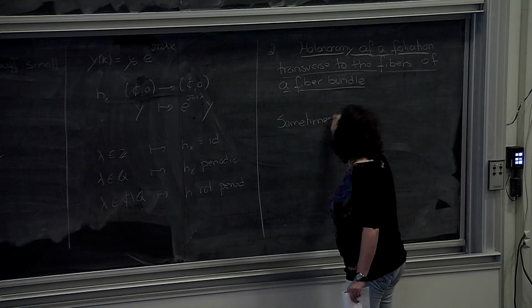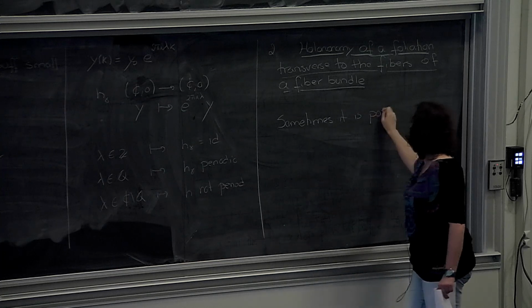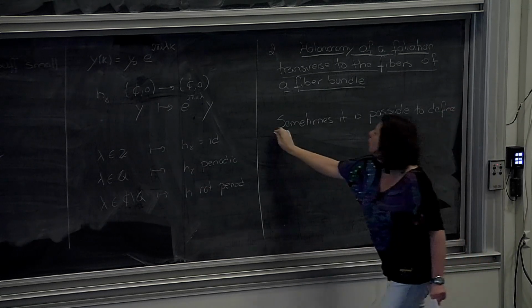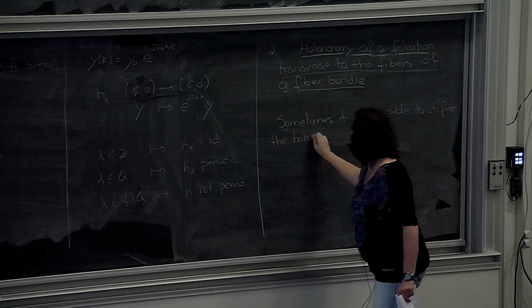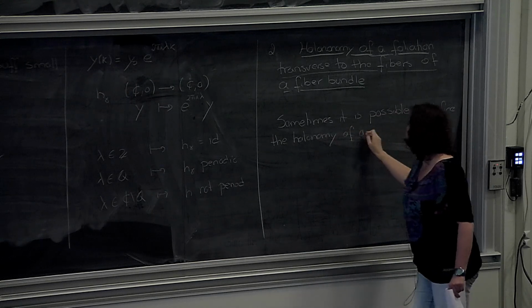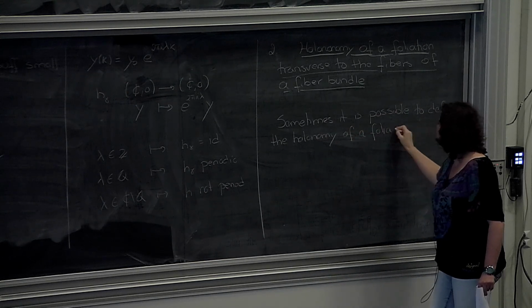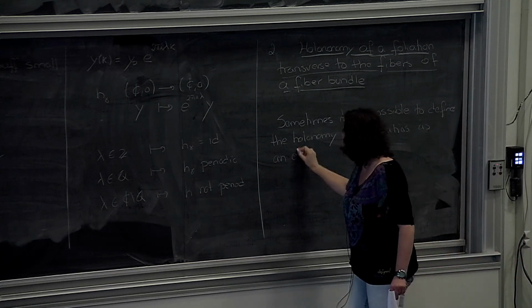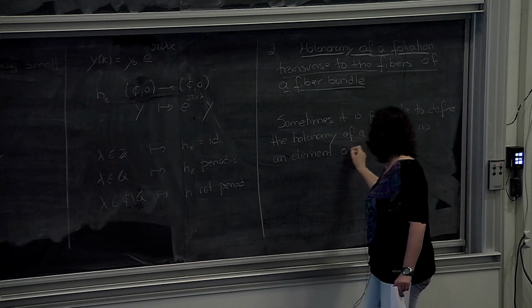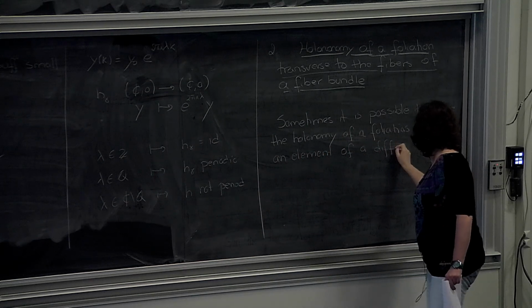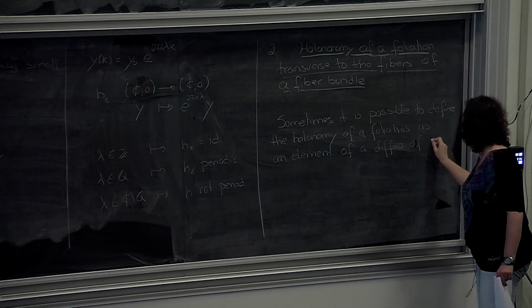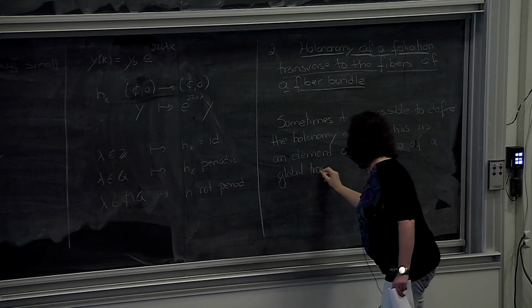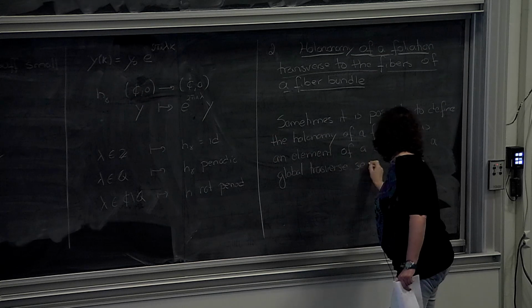So sometimes it is possible to define the holonomy of a foliation as an element of a diffeomorphism group of a global transverse section.